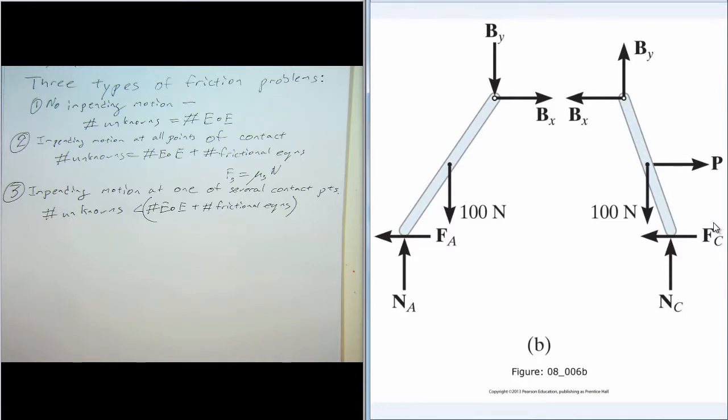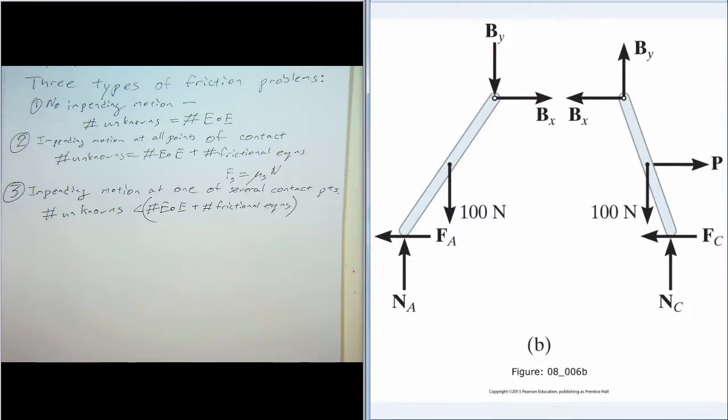So here we have 7 unknowns, 1, 2, 3, 4, 5, 6, and then P is an unknown because we don't know how hard we have to pull it to make it start moving. And so we have 6 equations of equilibrium, 3 for each of the 2 rigid bodies, and then 2 frictional equations, so that's more equations than we have unknowns.